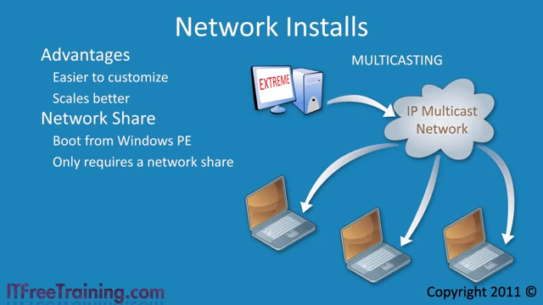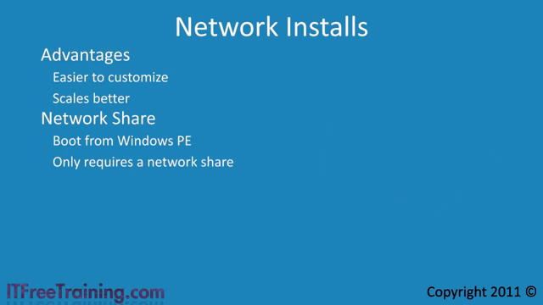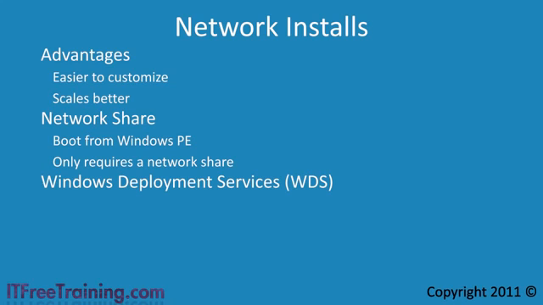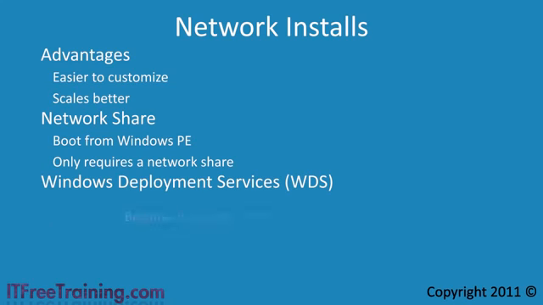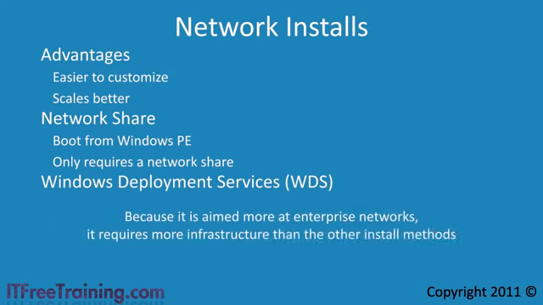If you want to be able to use multicast, you will need to use a system like Windows Deployment Services, otherwise known as WDS. WDS is designed for networks on which you have a lot of computers to perform installs. Because it is aimed more at enterprise networks, it requires more infrastructure than the other install methods.